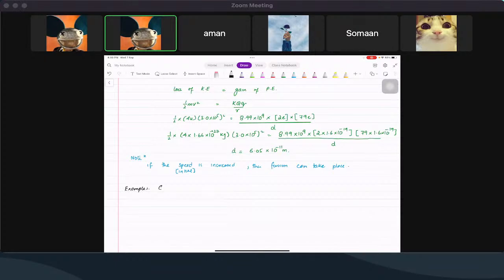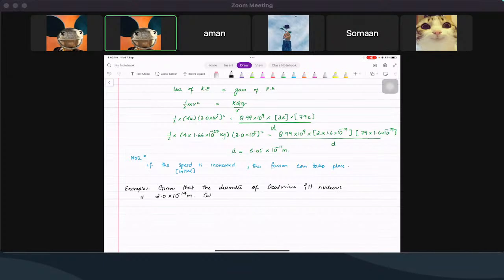So it says, given that the diameter of deuterium, H21, an isotope of hydrogen nucleus, is 2.0 times 10 raised to a minus 14 meters.